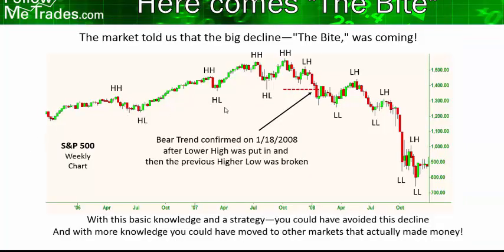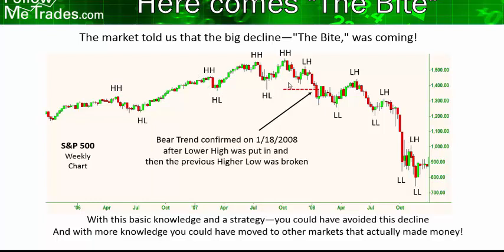I wanted to show this chart just to give some context and a bit of education. This is a chart of the S&P 500, and it's the same pattern as the Dow. That uptrend that started in '03, trends are defined by a series of higher highs, higher lows, higher highs, higher lows.